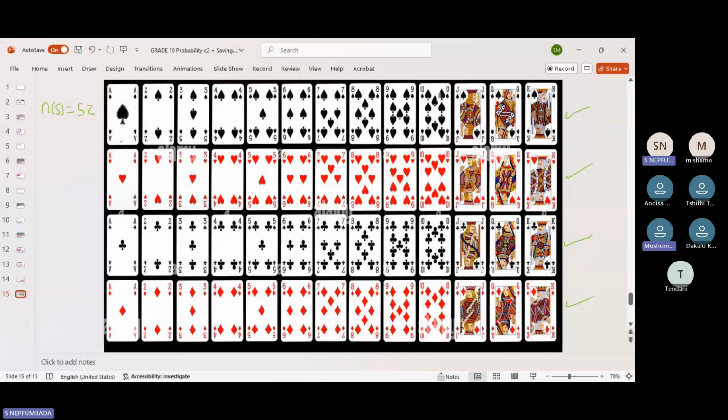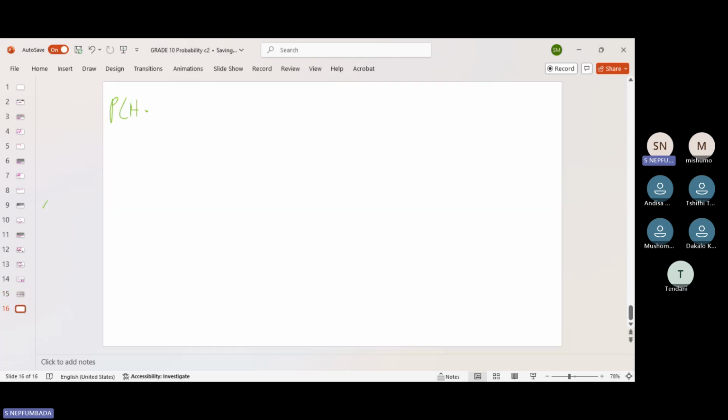If they say the probability of getting a heart, how many hearts do we have? 13 hearts. It means the probability of getting a heart from a deck is 13 out of 52. And the probability of getting a black card equals what?